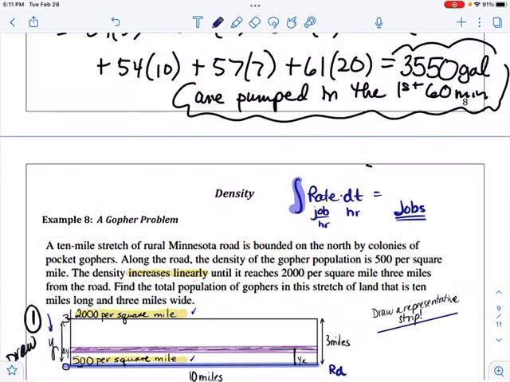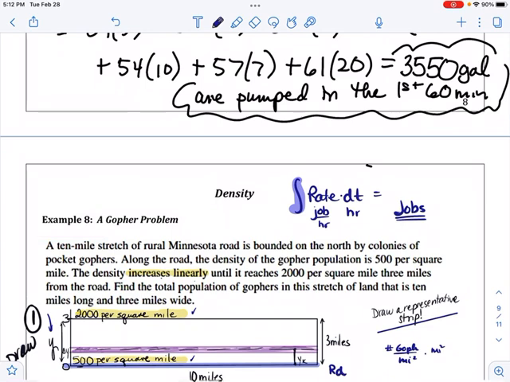So if we consider that strip, this would serve as the representative strip of land that has a density of so many gophers per square mile times square miles, which, if you think about it, the density being the number of gophers per square mile, and then it would be times square miles. So you can see that the information there would then be gophers, and that's what we really want.